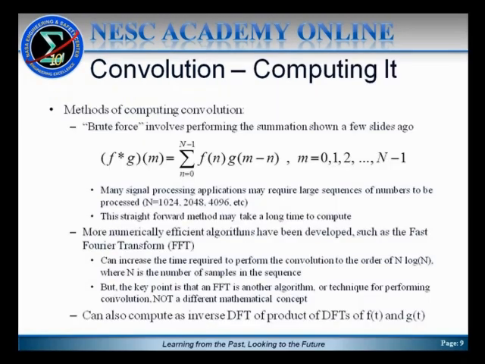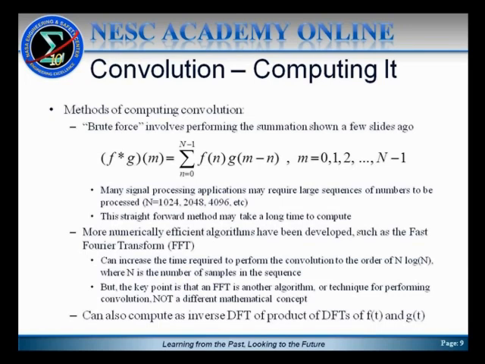Okay, how do we compute the convolution? As we showed earlier, what I will refer to in this presentation as brute force: do it exactly as shown from the summation that was previously presented a few slides ago. To refresh your memory, the n samples of the convolution of f and g have indices 0 to n minus 1.